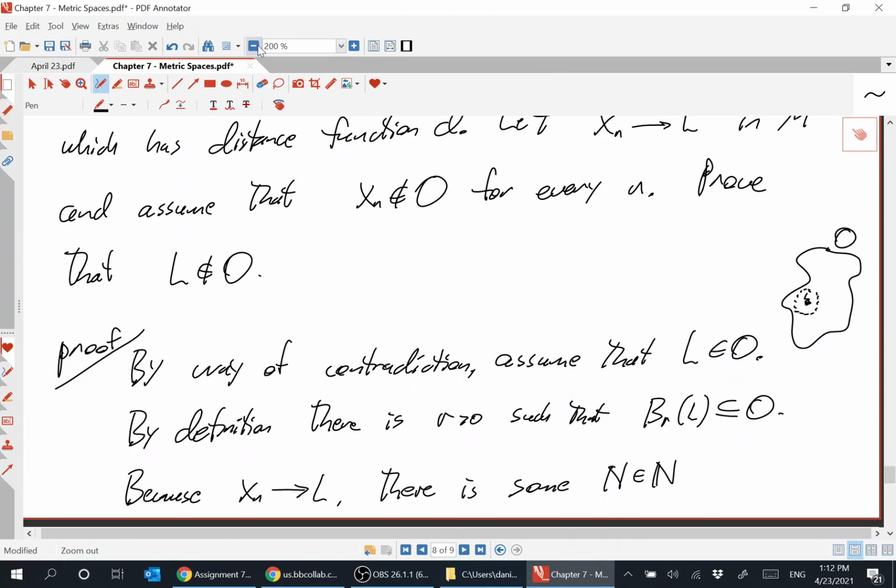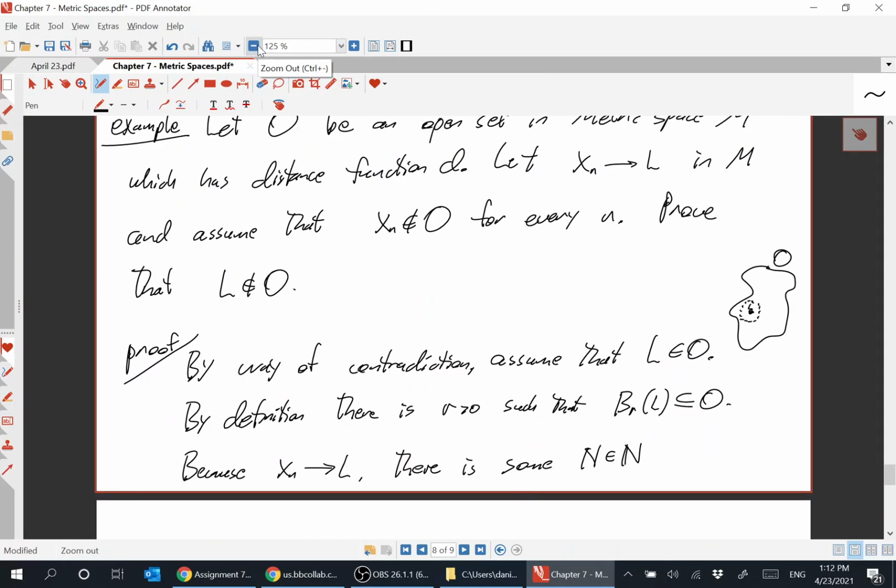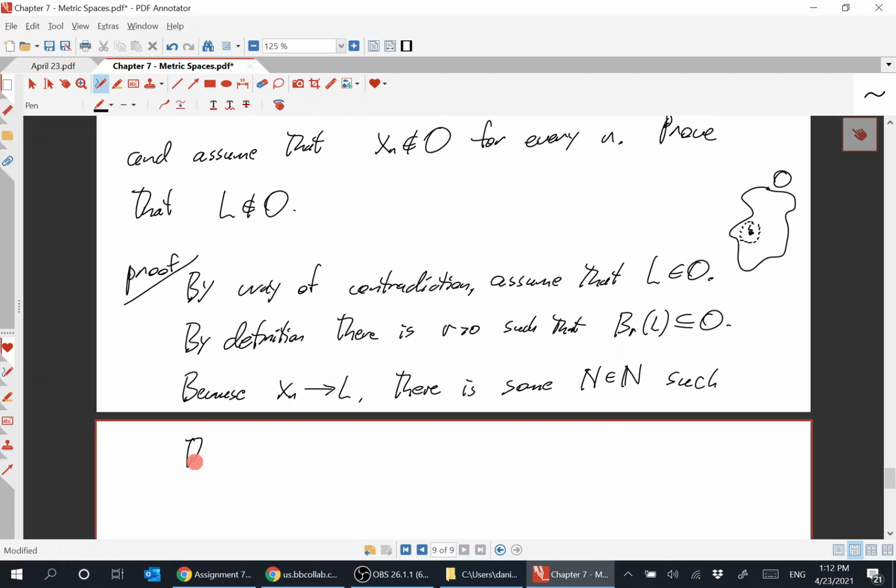The sequence is not in the open set, period. So there is some n in the natural numbers such that x capital N, x capital N plus 1, x capital N plus 2, and so on, are all in the ball of radius r around L, which is a subset of O.